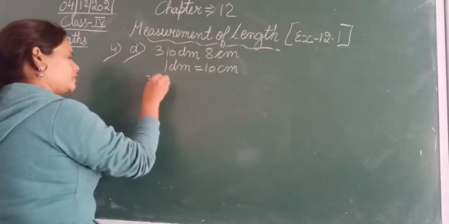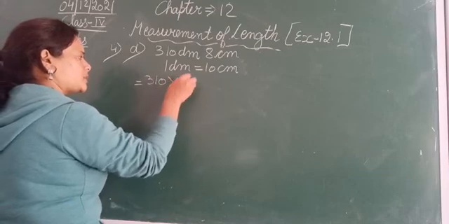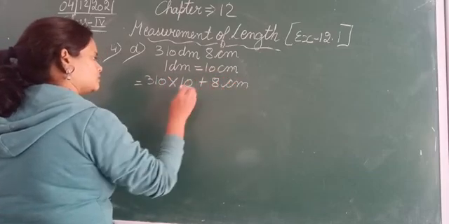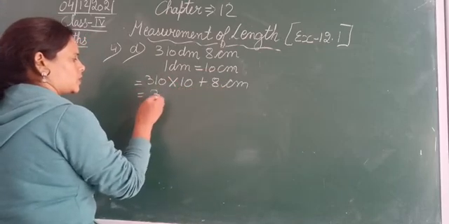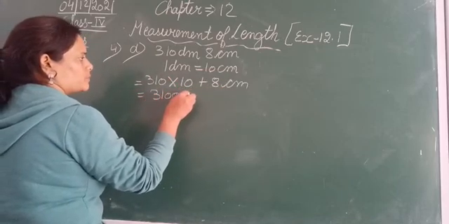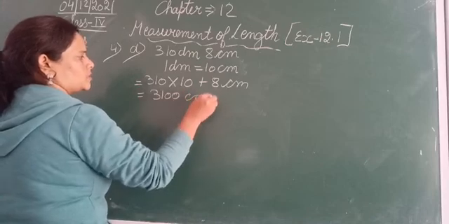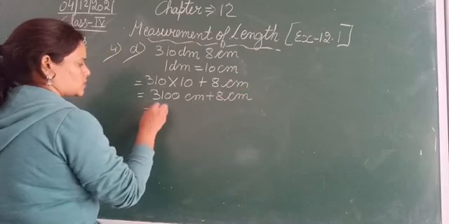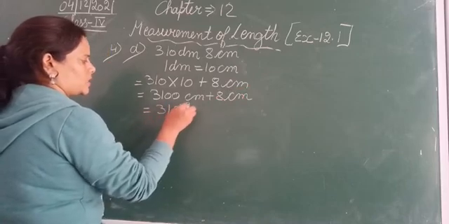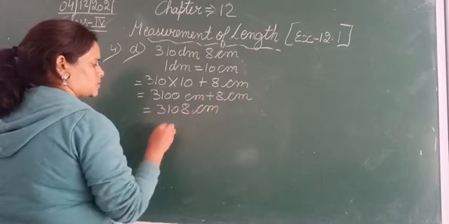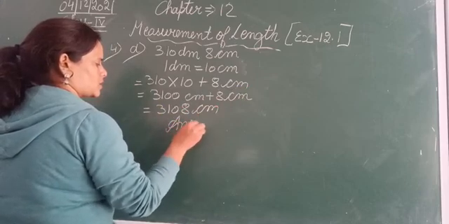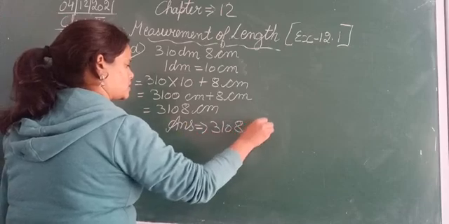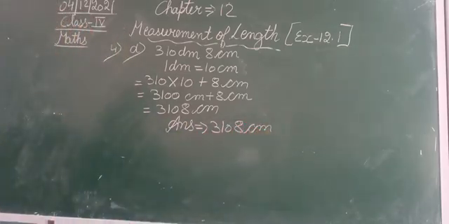So 310 will be converted into centimeter by multiplying with 10, plus 8 centimeter. This is 3100 centimeter plus 8 centimeter, which is 3108 centimeter.